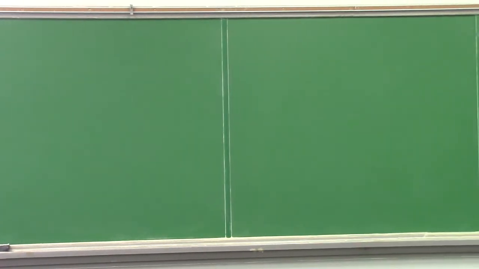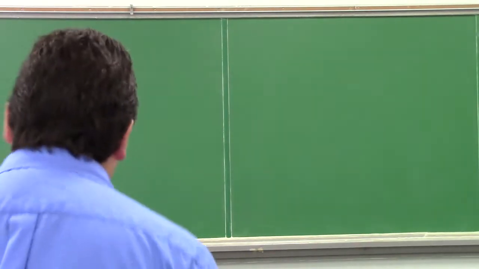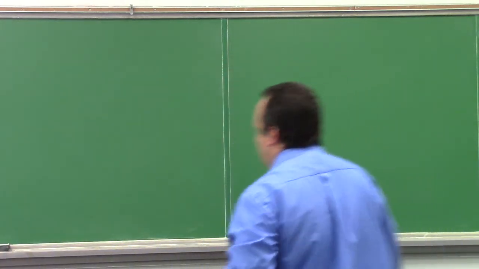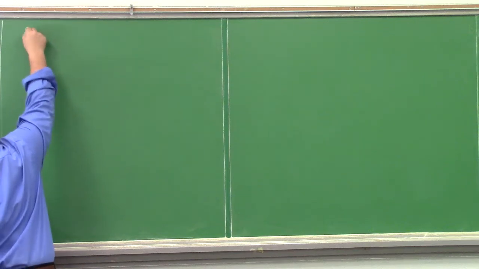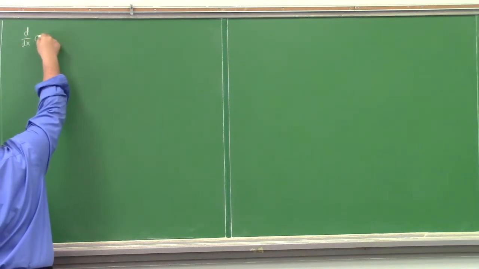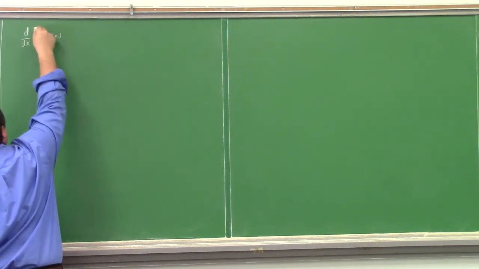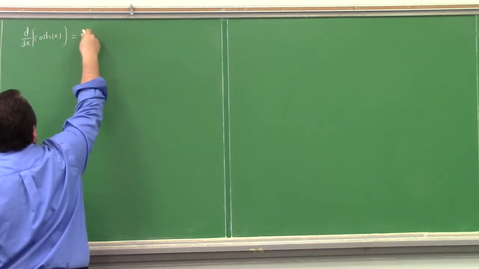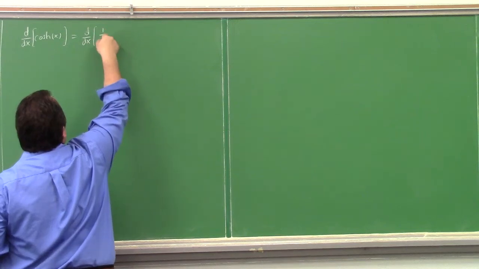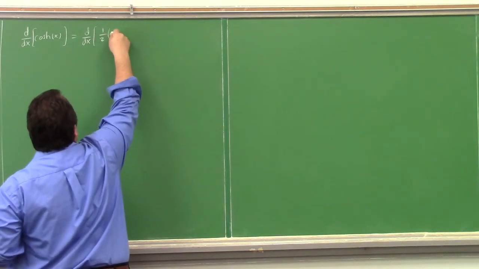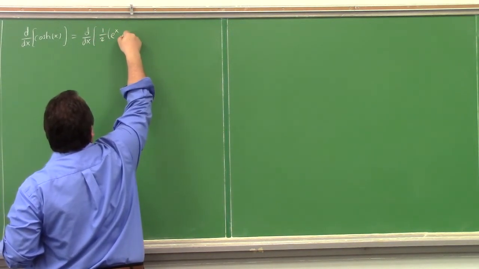Now that I've exposed us to the basic algebra here, how about calculus? Well, we know that d/dx of cosh x is what? We have 1/2 (e to the x plus e to the minus x).